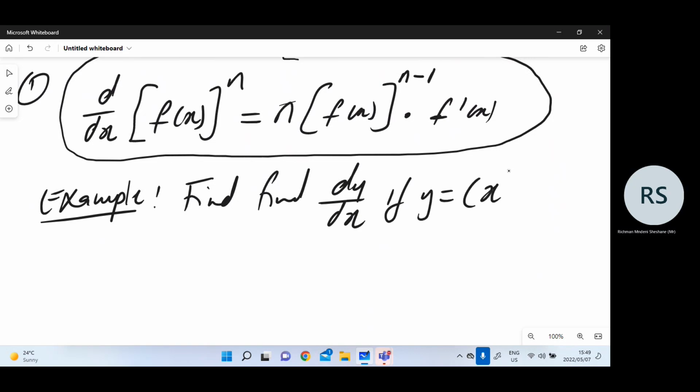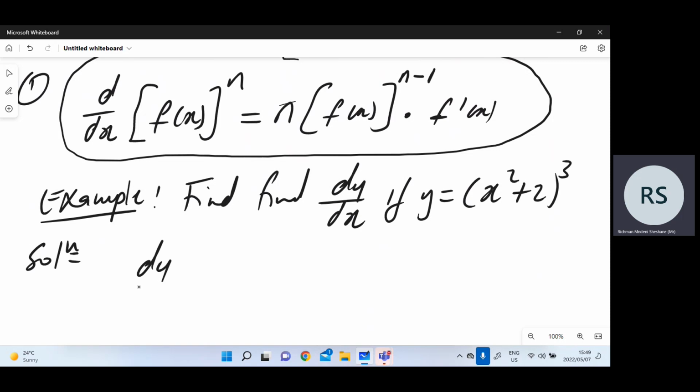So here I'm finding dy/dx, the derivative of this function. My function is x squared plus 2, all to the power of 3. What you notice here is that we have a function that is to the power of n, which is 3. The inner function is this quadratic, x squared plus 2, to the power of 3.